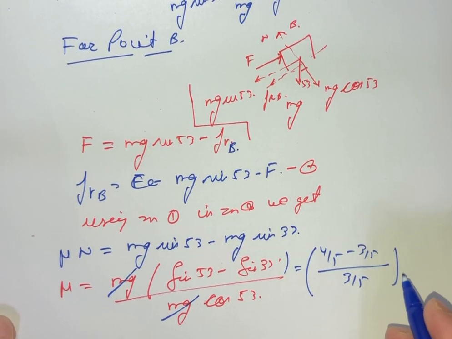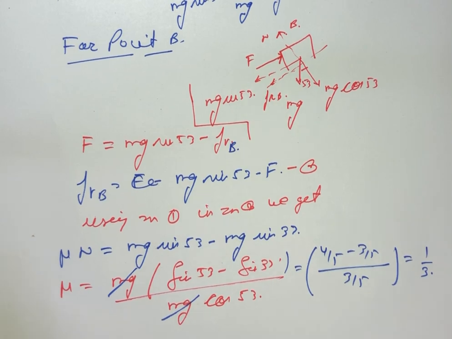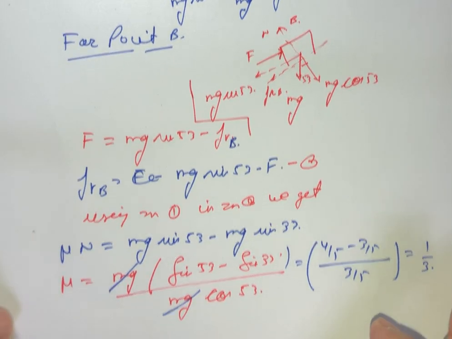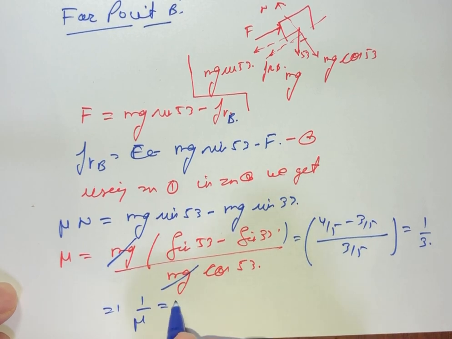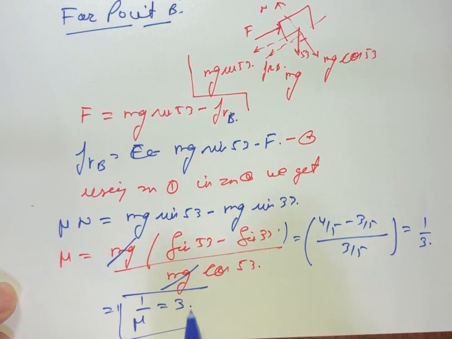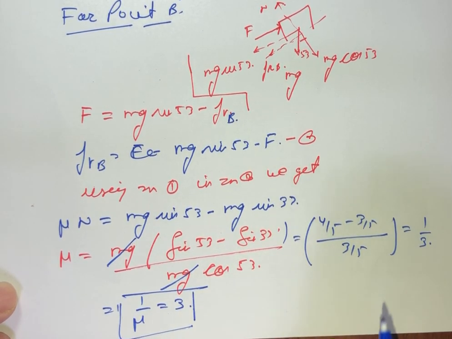So this will be coming equal to 1 upon 3, and we are supposed to find out 1 upon mu. So from here we can say 1 upon mu is equal to 3. This completes the question. Thank you.